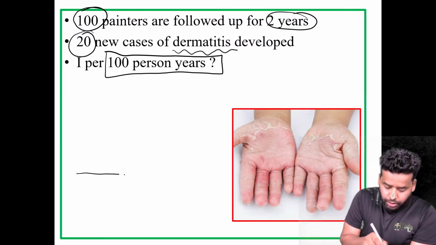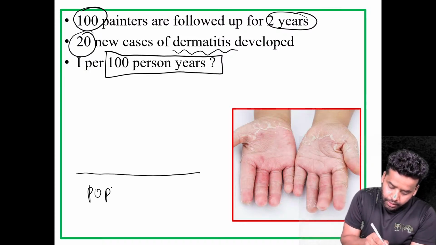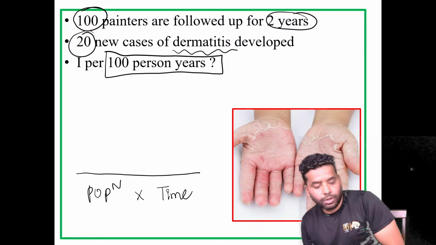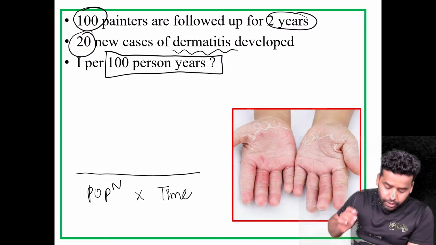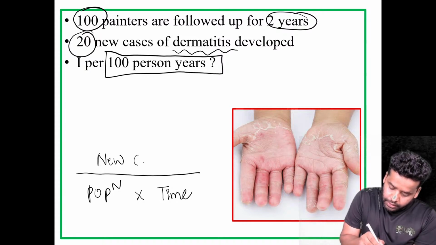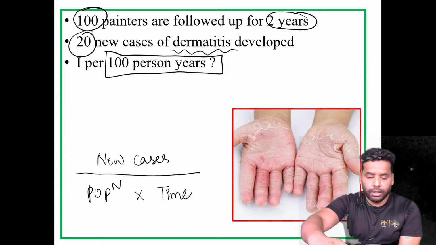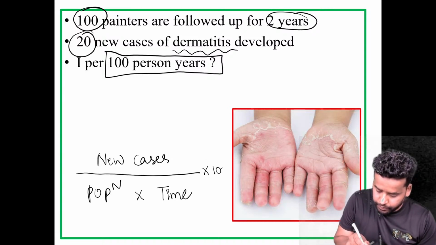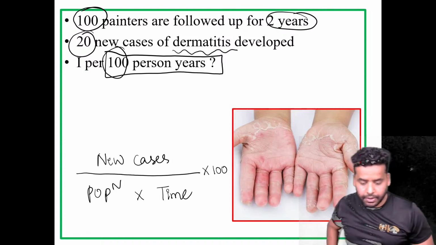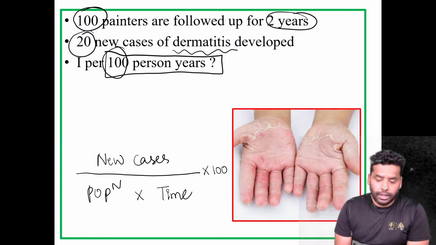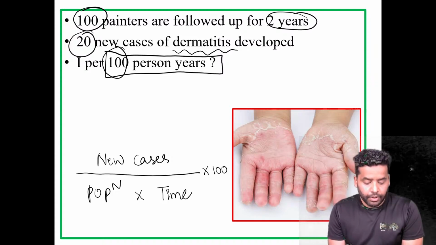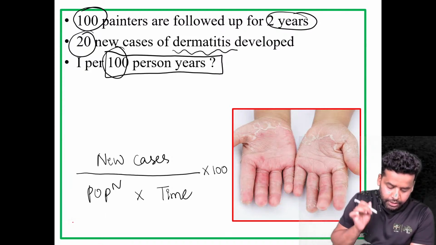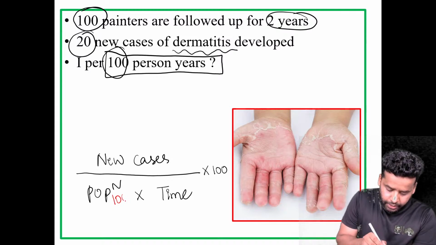Denominator is total population into time. Numerator is new cases. Write the formula. Multiply with 100, because they are asking per 100 person years. Now tell me how many painters are there in total? 100 painters.